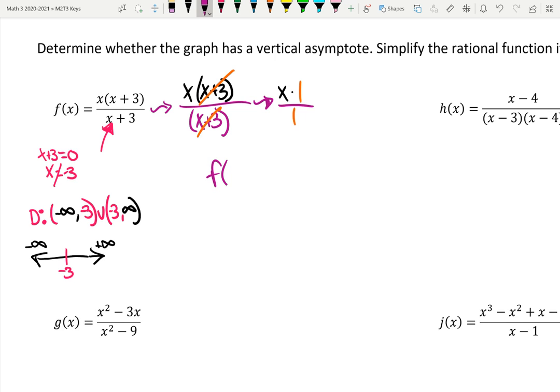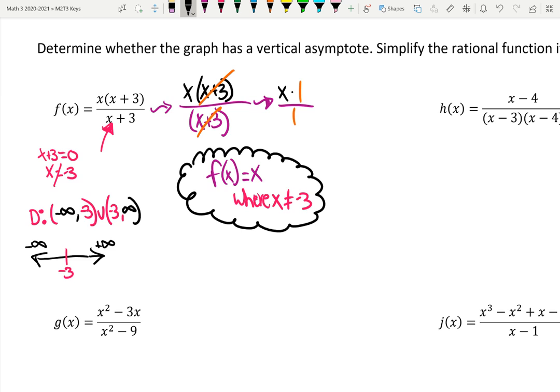It just means f of x is going to be equal to x. However, it does have this caveat where x cannot be negative 3. Even when it's simplified, the domain restriction doesn't go away. That's why you have to identify it first.